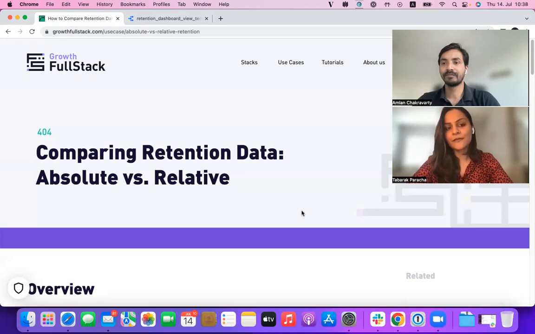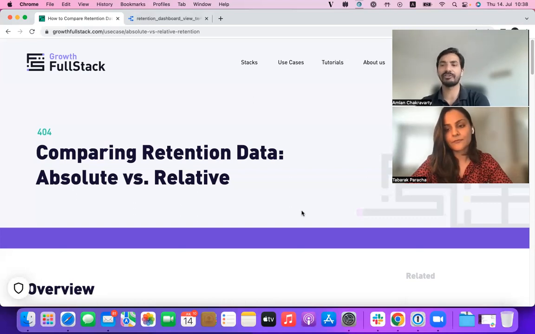Okay, so you've just mentioned the two different types of retention, absolute versus relative. Which one do you think is better? Yeah, so there's no hard and fast definition of what is better. It depends on what people prefer.